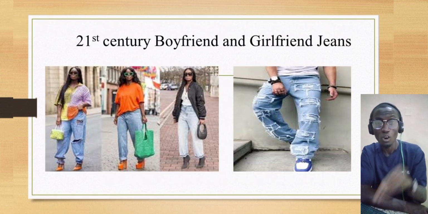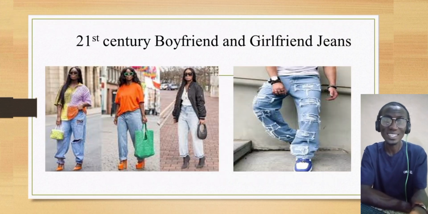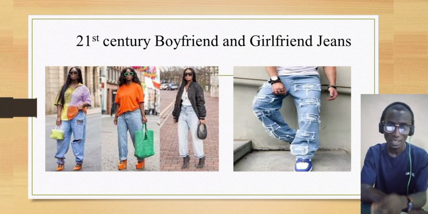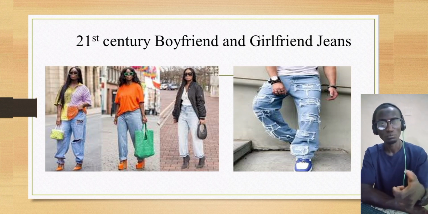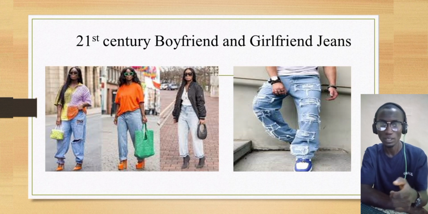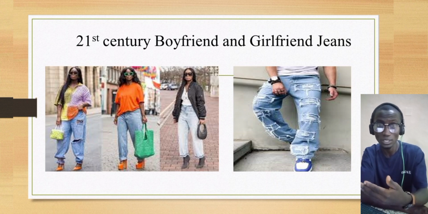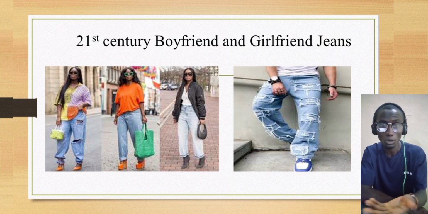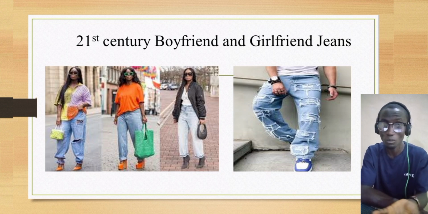But now, FUBU was recreated in an innovative manner by adding some color, or artists drawing pictures on them, or making them loose to have a crazy look, and now they call it what? They call it the boyfriend jeans, the girlfriend and boyfriend jeans.